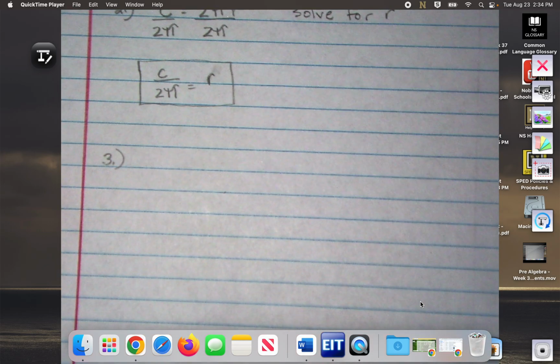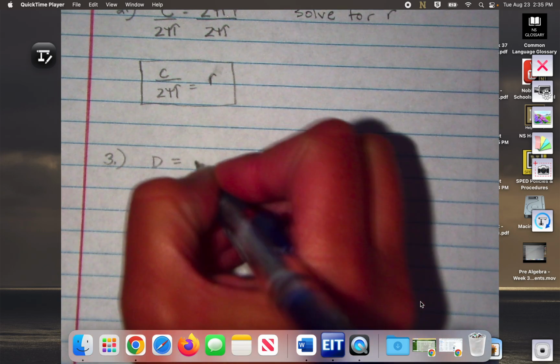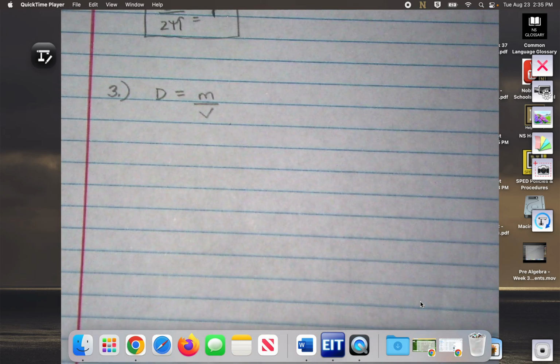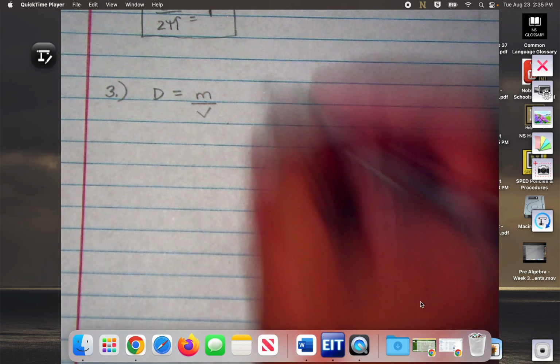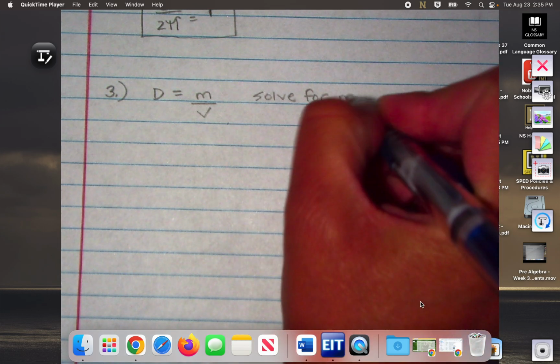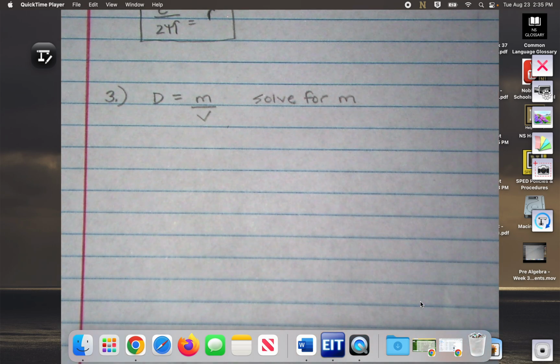Let's do another example. D equals M divided by V. Solve for M. So I want to get M by itself. Adam?